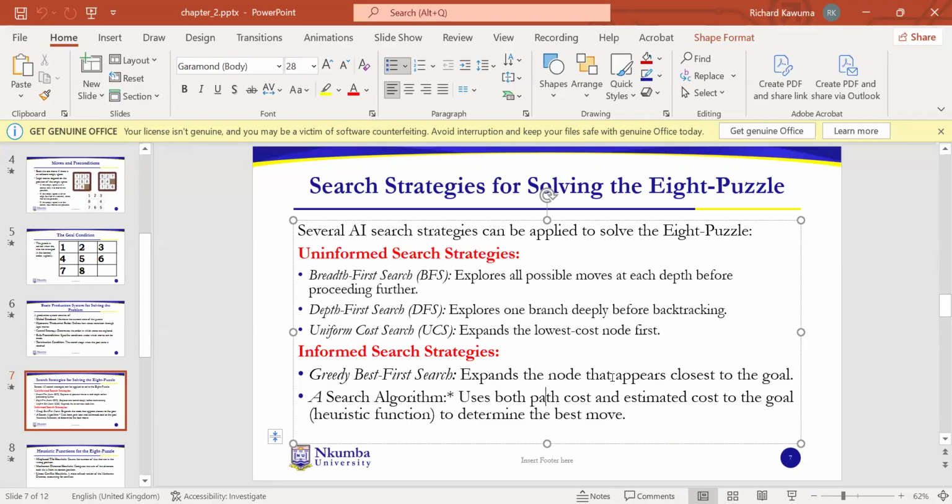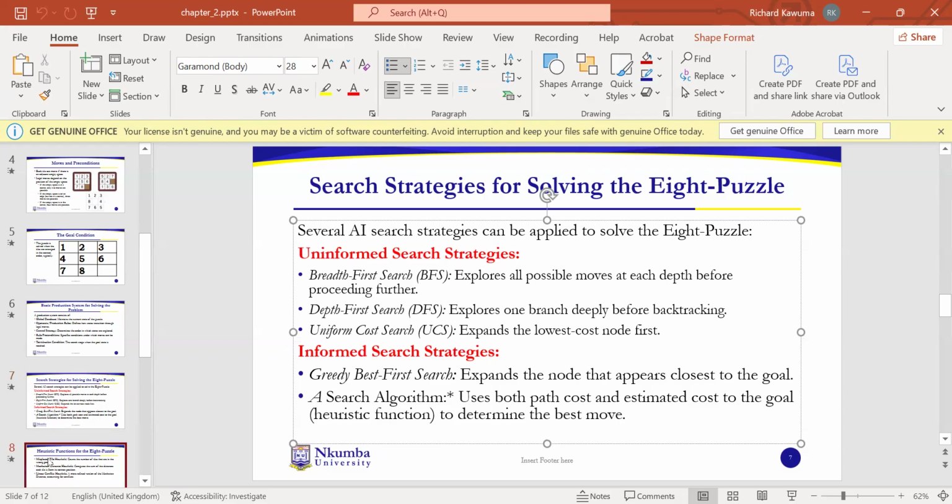Or if I take the main road to Kampala, there could be a lot of traffic jam. So although the main path is easier, because of the traffic jam, let me take another route, which is longer but with no traffic jam. In that process of negotiation, you get what we call the best move.